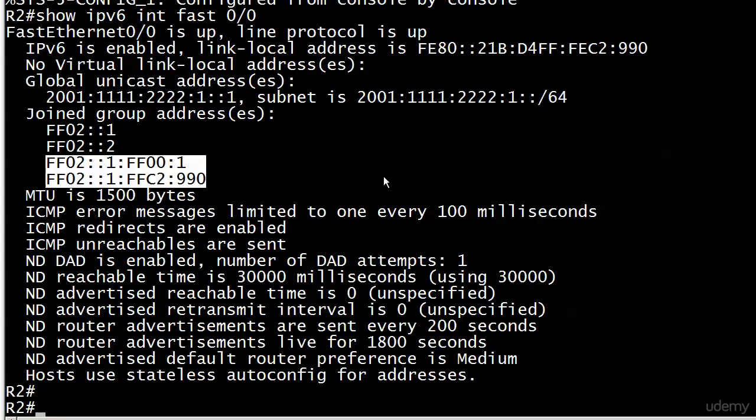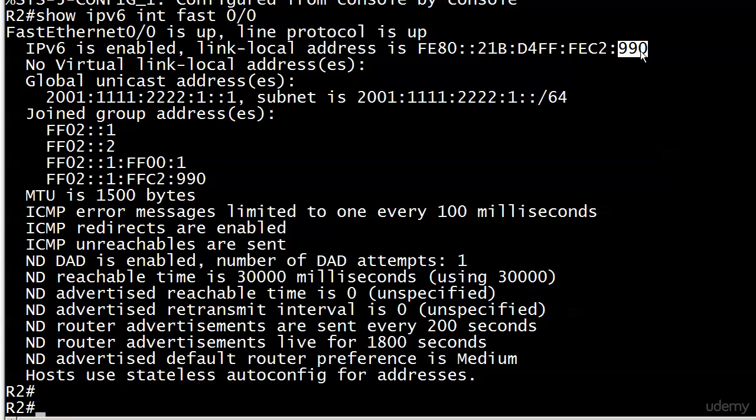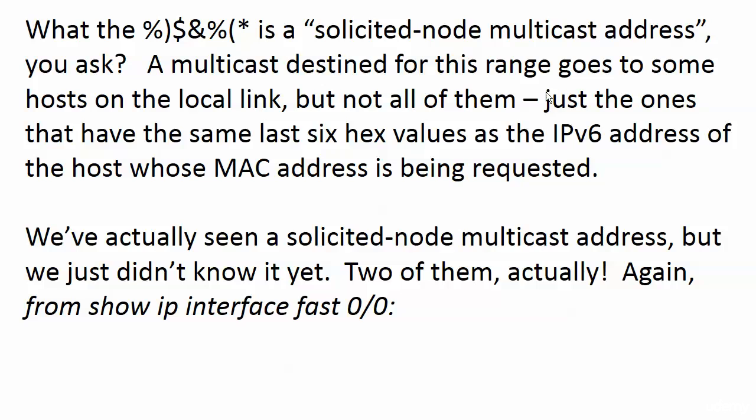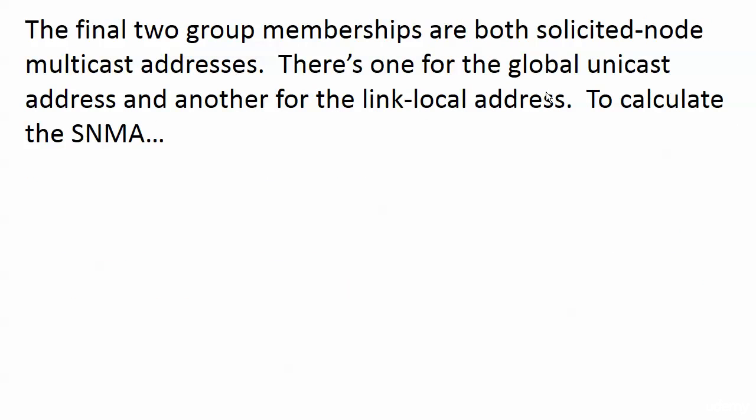Also, the end of one of those might look a little familiar if you look elsewhere. We've got a 990 up here at the end of our link local address. I don't know if that's a coincidence or not. We're going to find out very shortly as we talk about how to calculate the SNMA.